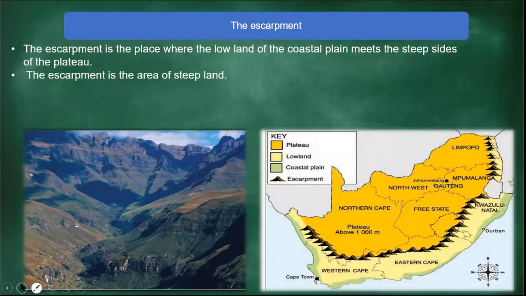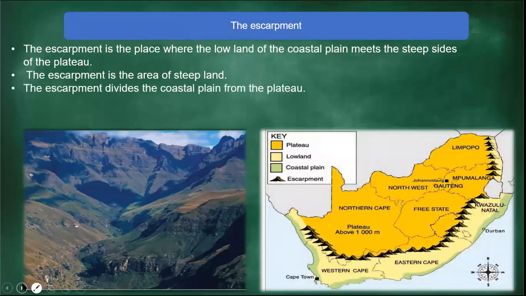The escarpment is the area of the steep land. As you can see on this picture, these mountains are very steep. So the escarpment is a steep land going up, and it's not easy for you to go up here.